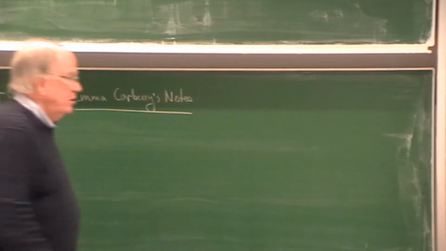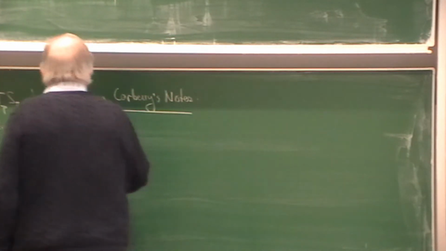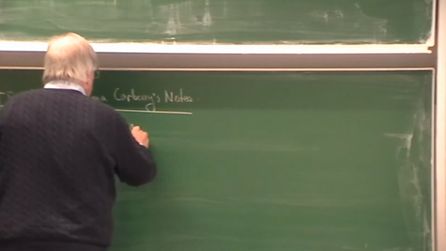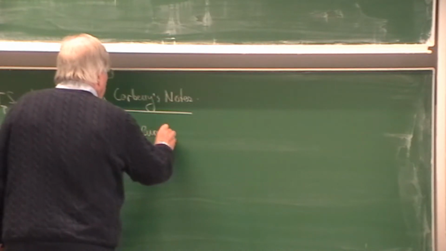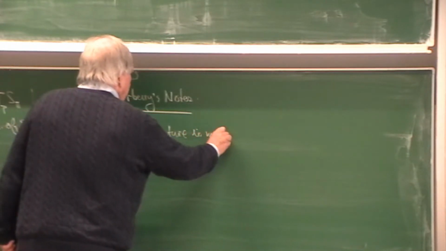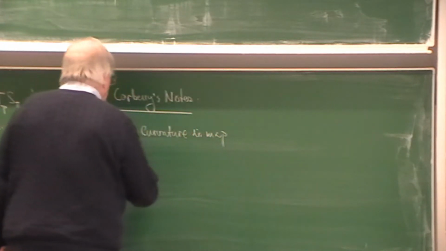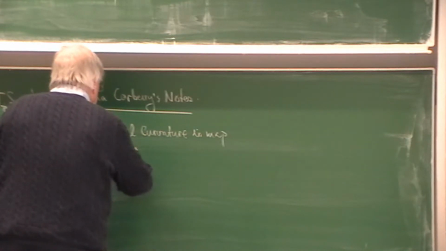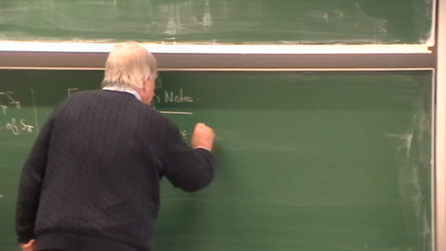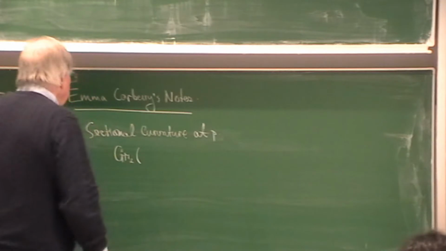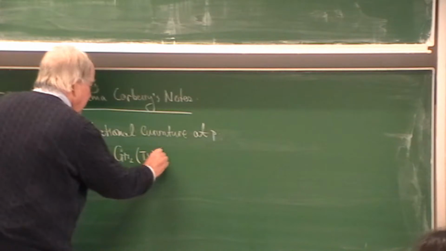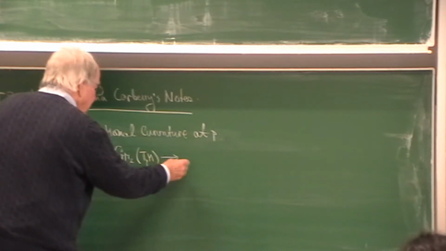Okay? So the sectional curvature at P is a map from the Grassmannian of two planes in the tangent space at P to the real numbers.